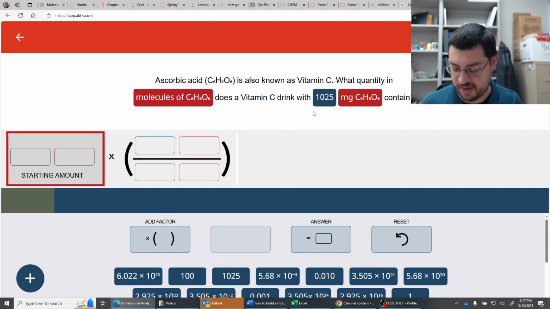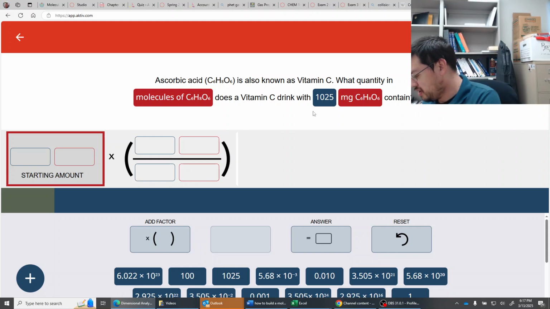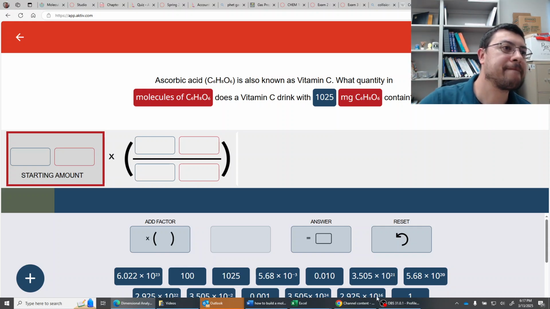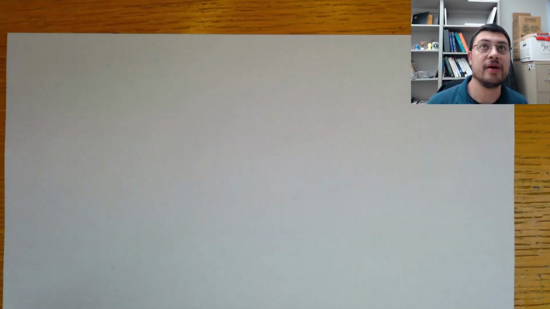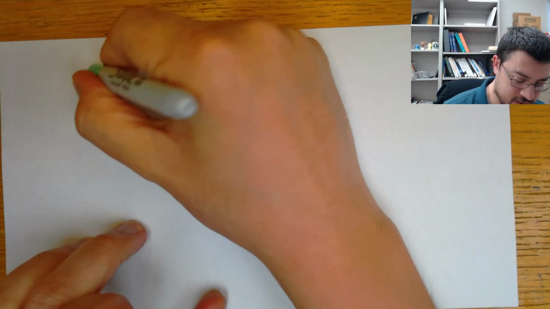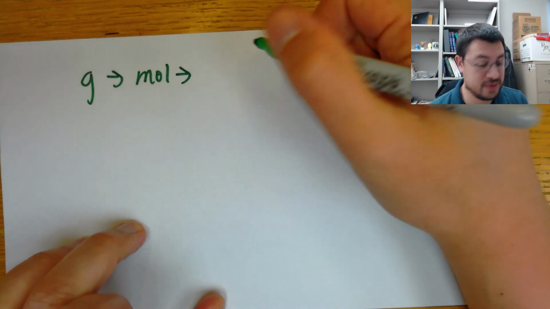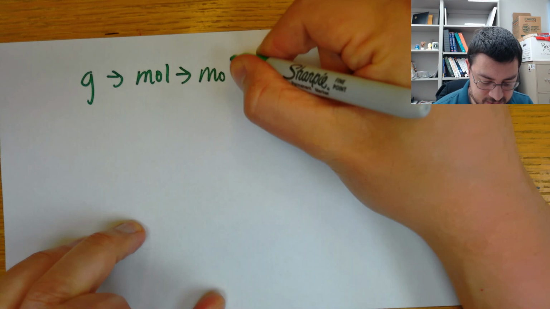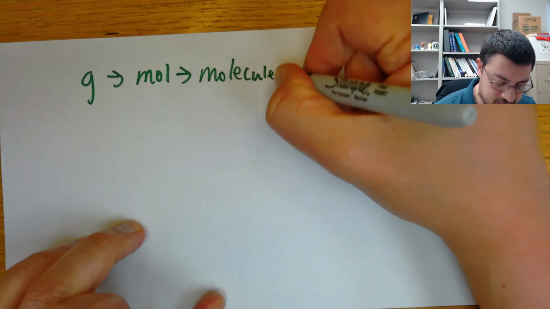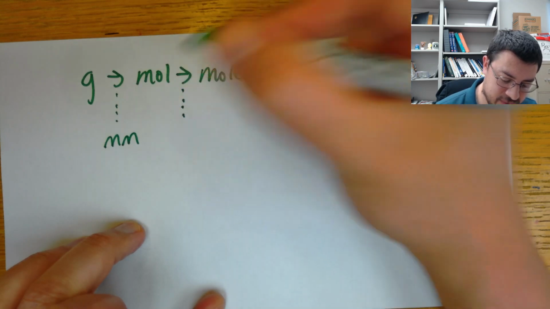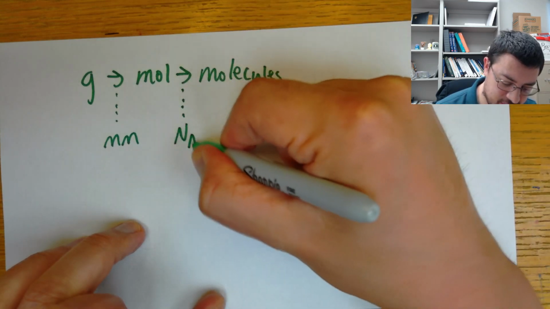Okay, let me get a new piece of paper. Okay, so normally it's grams to moles to molecules. And here we use the molar mass, and here we use Avogadro's number.